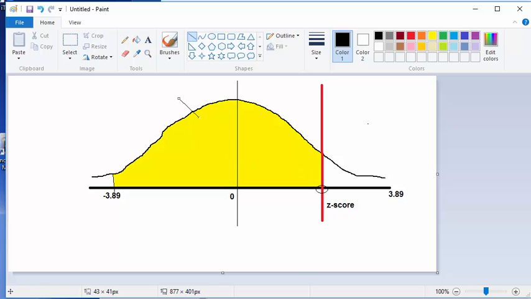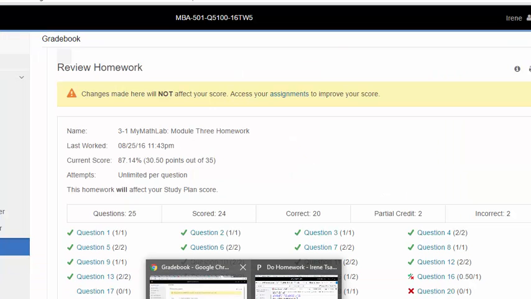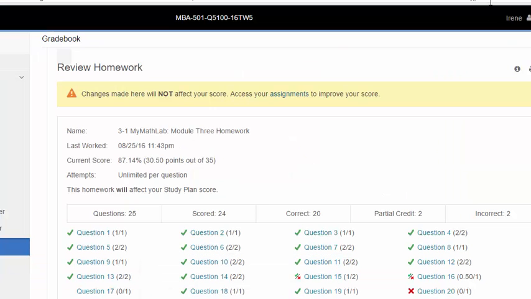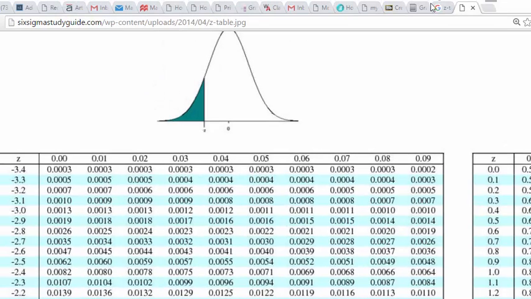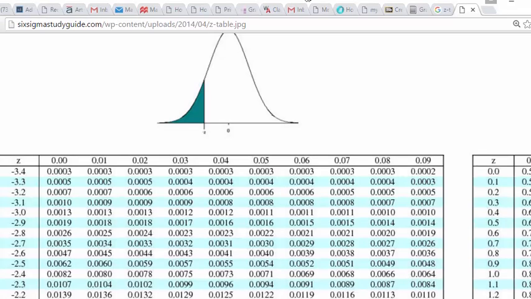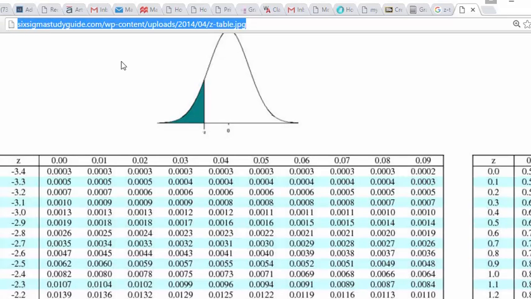Now, one thing that I want to make sure that you understand is that I want you to use this table and not the table that the book gives you. The table that you should be using is this one. This is a complete table and you can find everything on this one without manipulating the numbers.